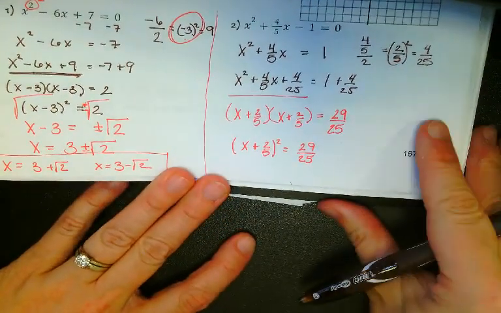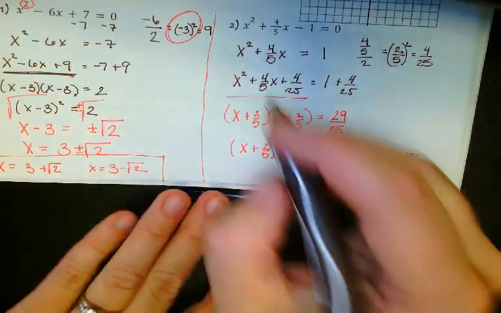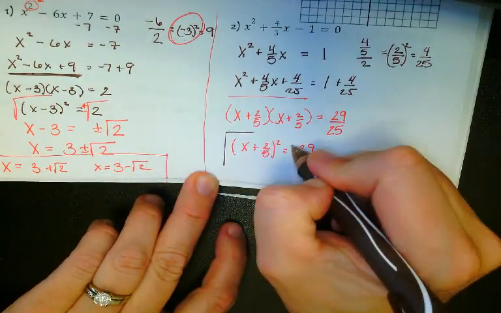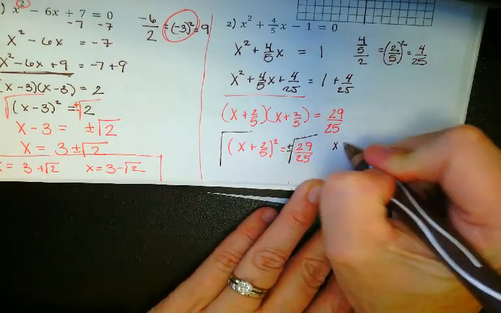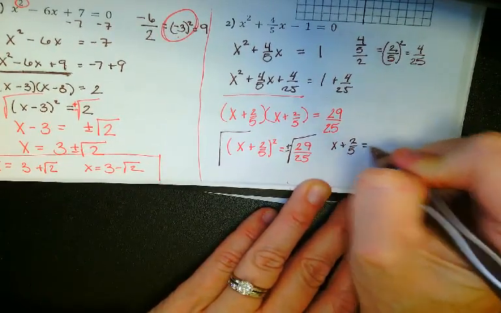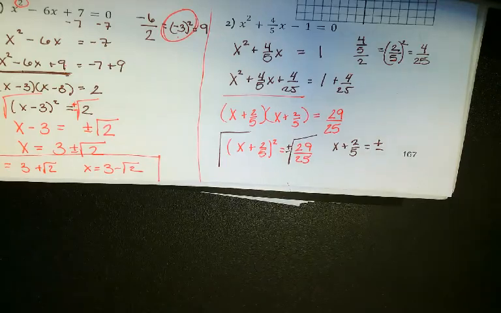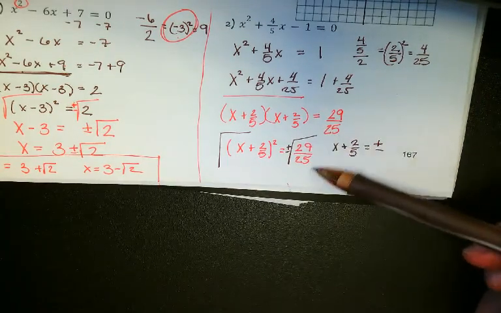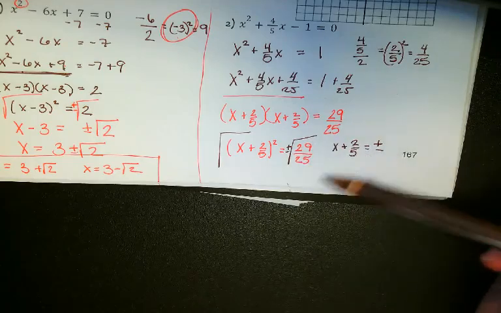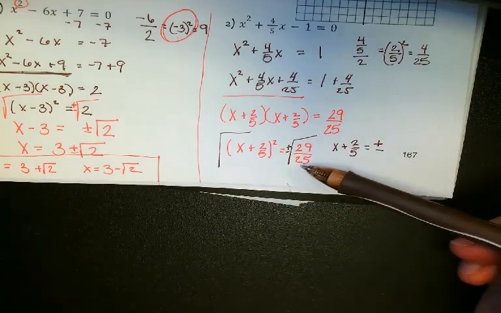Okay. Now, same idea. I want to take the what of both sides. Square root. Now, here's where we've got to be careful. All right, on this side, I'm left with x plus 2/5. I want you to think about this side before you write it down. Do you happen to know the square root of both of these, one of these, none of these? One of them. Which one? 25. So we can just do that.